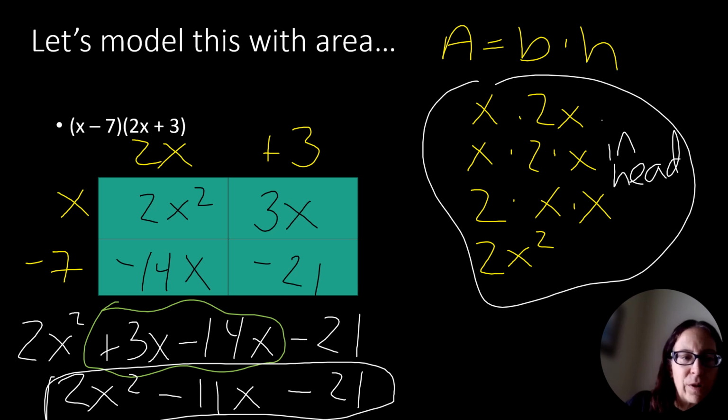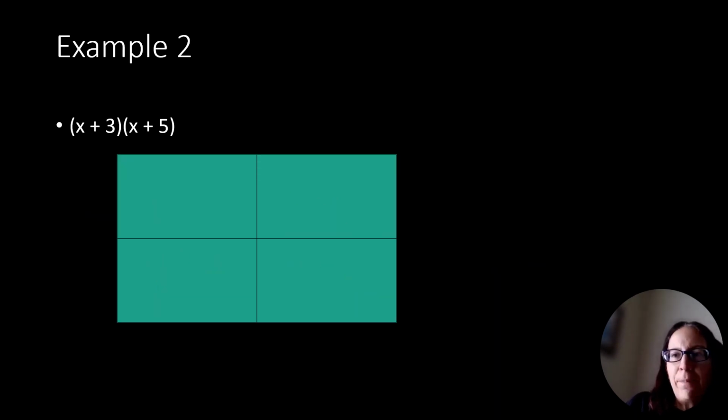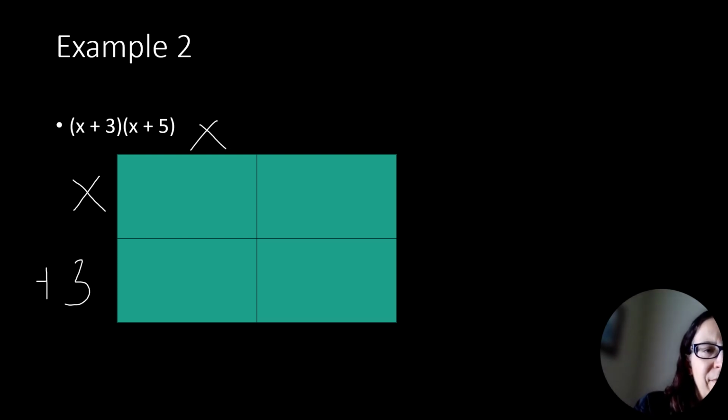And that's how the area model works. So example 2, we have x plus 3 times x plus 5. I didn't realize my rectangle was quite so close to the problem there. But let's go ahead and do x plus 3, and then we have x plus 5. X times x, so we're finding this rectangle right here.